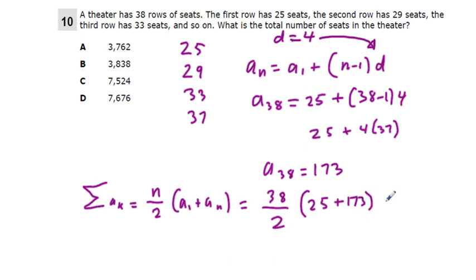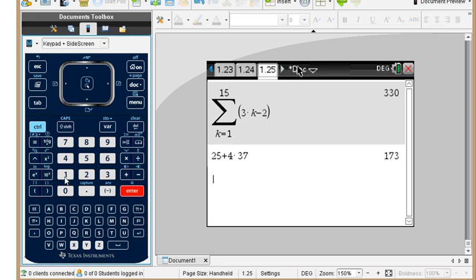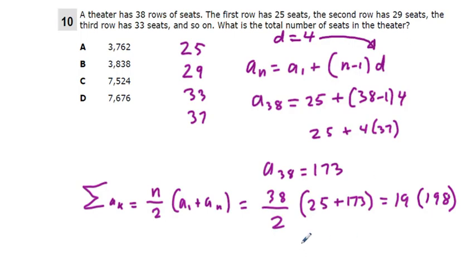And 38 over 2 is going to be equal to 19. And then 25 plus 173 is going to be 198. And you don't have to simplify it as I did just now, but you can if you want to. So we get 19 times 198. We get 3,762. And that's our answer choice A.